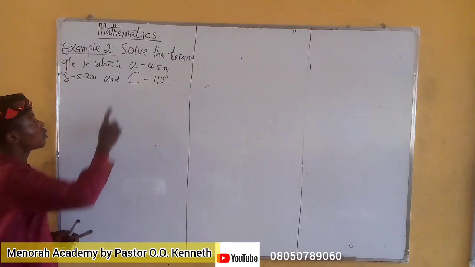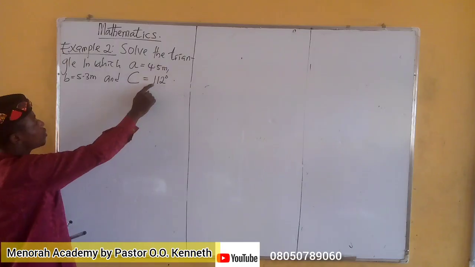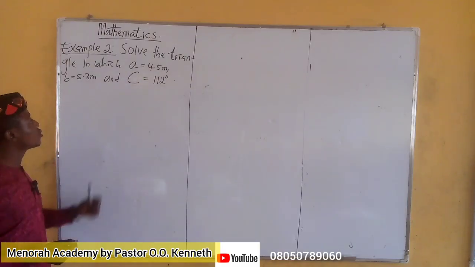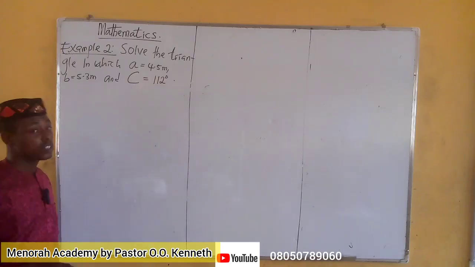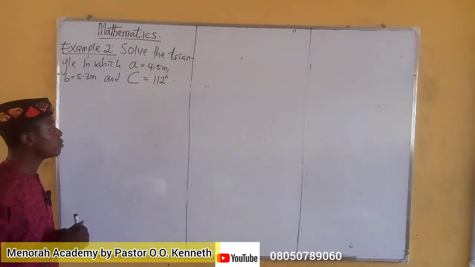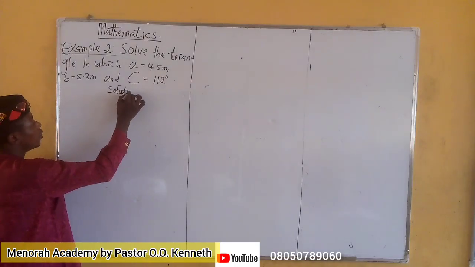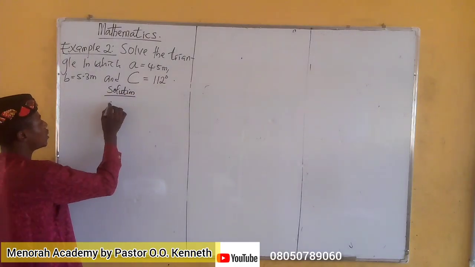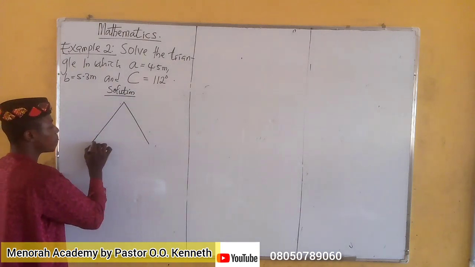Question number 2 says solve the triangle in which side A is equal to 4.5 meters, side B is equal to 5.3 meters, and the angle of C is equal to 112 degrees. So the remaining parts we are going to be solving. Alright, so to solve this, first of all, let us draw the triangle we are considering.